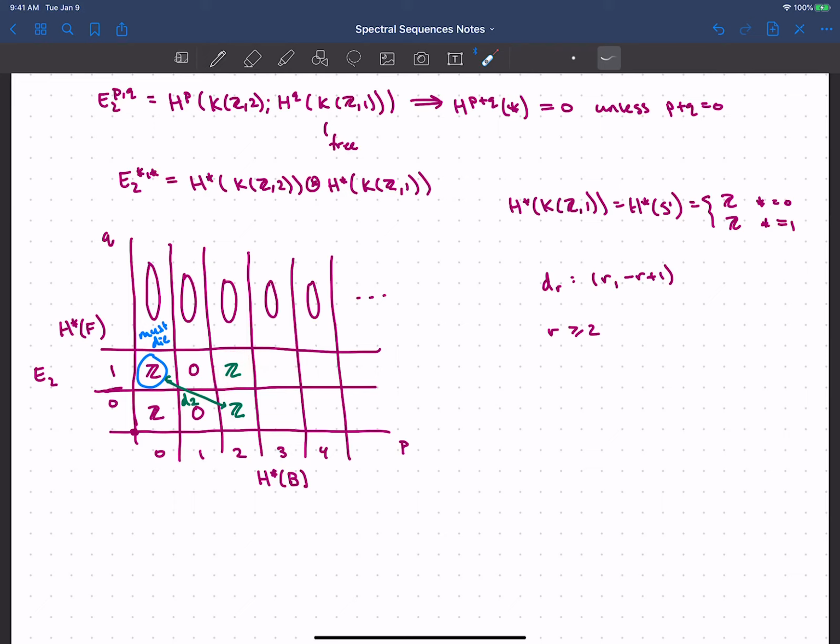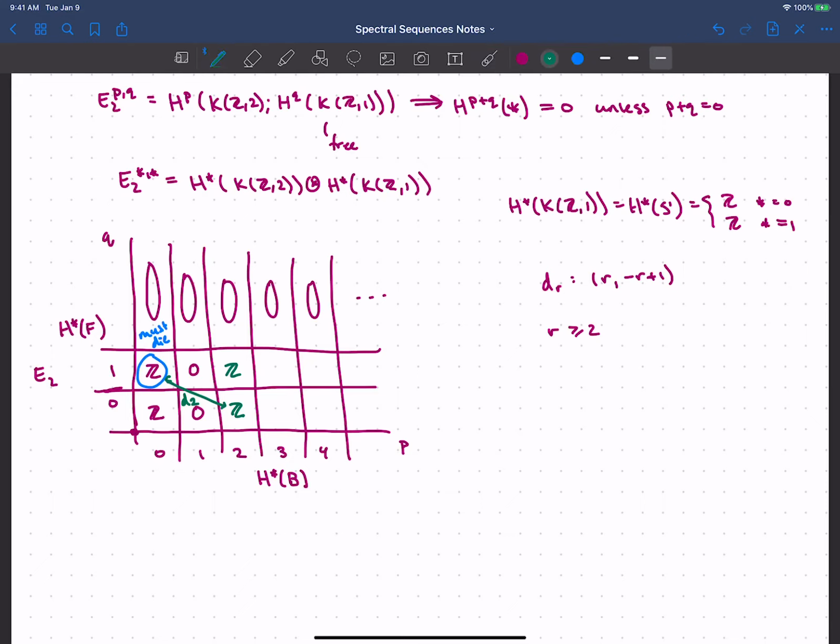Okay, so how do we kill that one? Well, let me keep pointing, I see that a differential coming into it would have to come from here, but that's 0. And so the only way we can have a differential out is if there's a d2 differential, because d1 would have been the previous page, that's long gone. And d3, well, that's going to land us outside of the range of any interesting groups. This is the first quadrant spectral sequence.